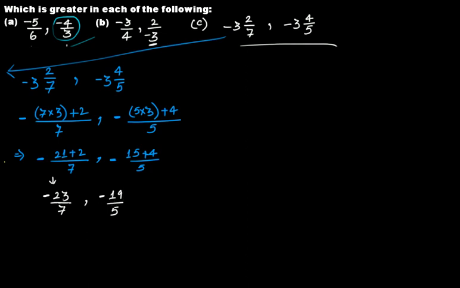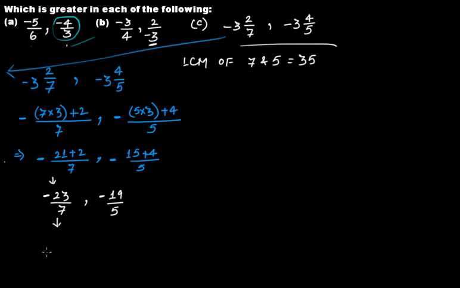Now, denominators are positive. Yes, they are positive. Second step is what? Take the LCM of 7 and 5. LCM of 7 and 5 comes as 35. So you have to convert these rational numbers into their equivalent rational numbers in such a way that the denominator is equal to 35.